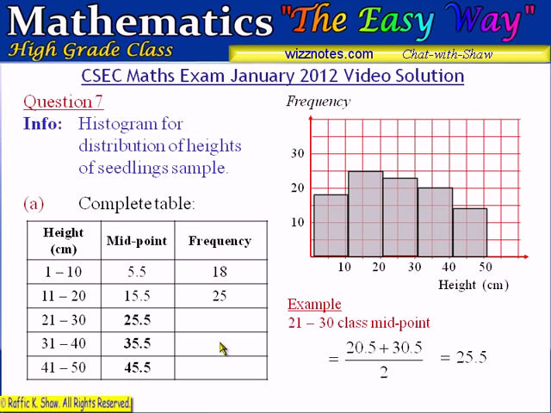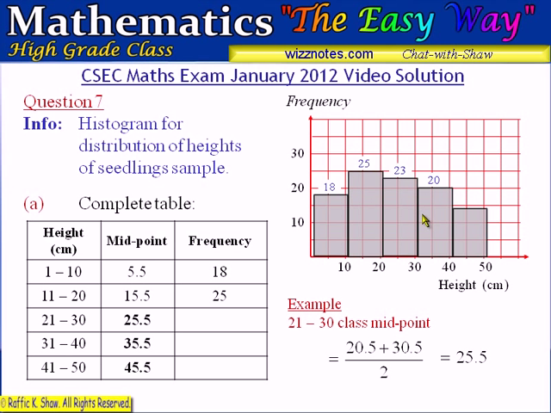Now for the frequency, as I said, we have to read the frequency from the top of the bars of the histogram, and those will correspond to the frequency values on this vertical axis. So we can go ahead and put those values in. So that's 18 for the first group, 25 with the frequency for the second group. Based on the graph, this one would be 23. That's for the third group. And then for the fourth group or the fourth class, it will be 20.